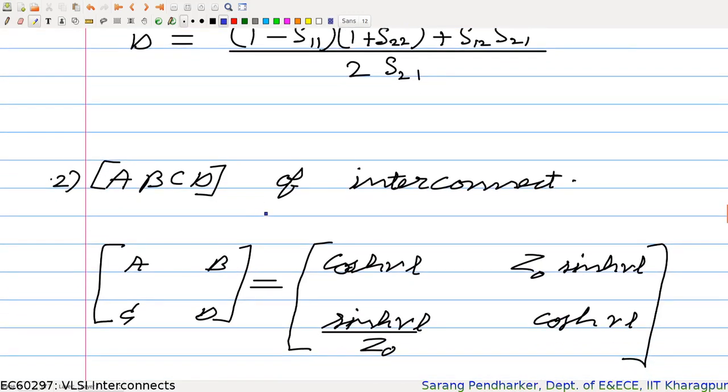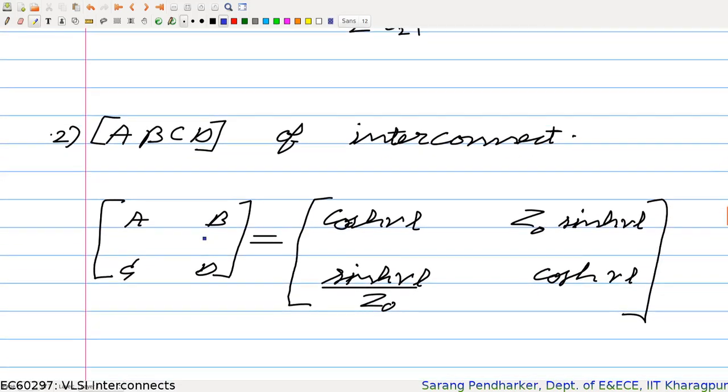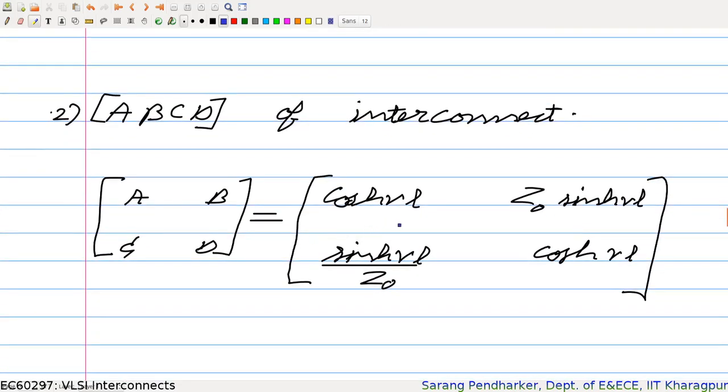From ABCD, once you have the ABCD of the interconnect, you can get gamma and Z0. We had derived this relationship in one of the previous lectures in module 2, where we were deriving the transfer function of the interconnect.